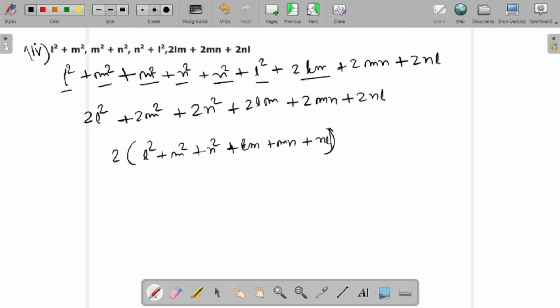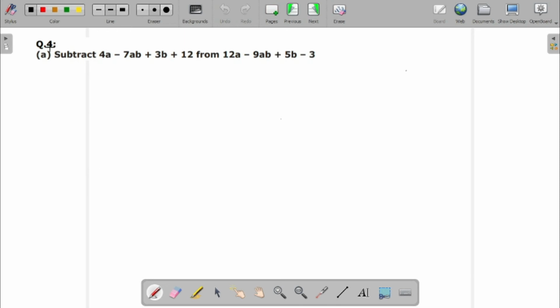This is the fourth part. Now we move to question number 4. In question number 3 we are adding. In question number 4 we have to subtract. As in case of numbers, subtract this from. This is a very important word. From means we have to write this first.